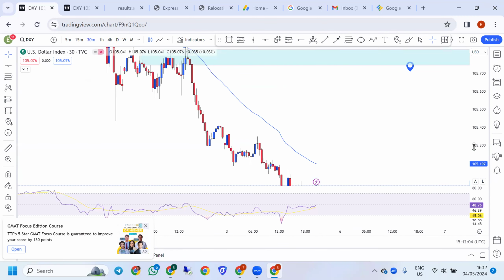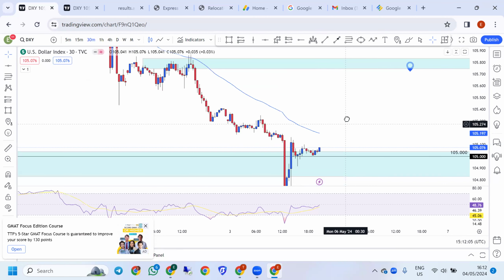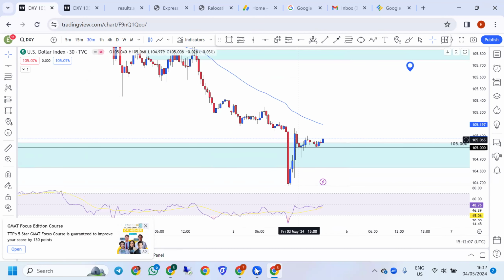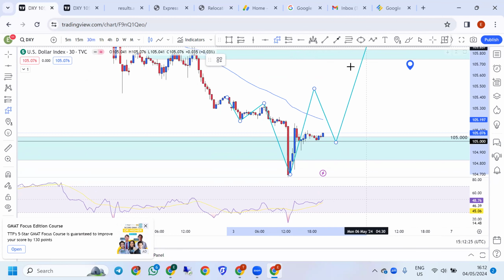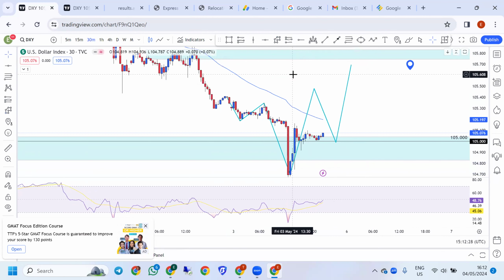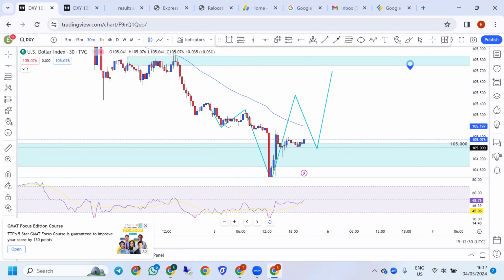What we need, to know that DXY is now ready to go up, is for the market to break this zone. What did I draw? If the market breaks here, retests, then we start going up.